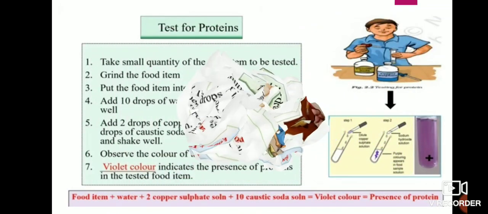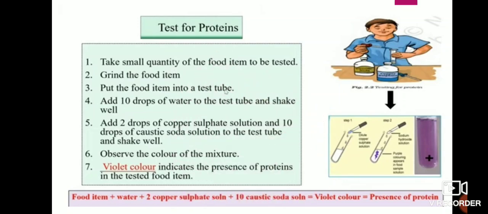And second is the test for proteins. Take a small quantity of the food item to be tested. Grind the food item very well. Put the food item into a test tube. Add 10 drops of water to the test tube and shake very well.